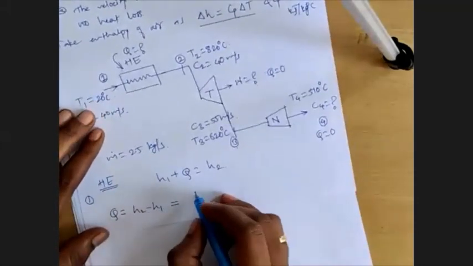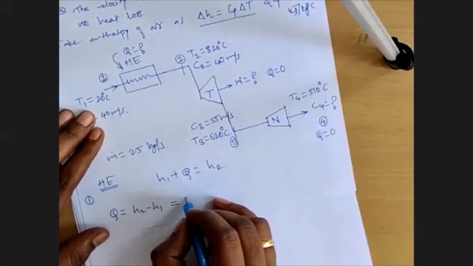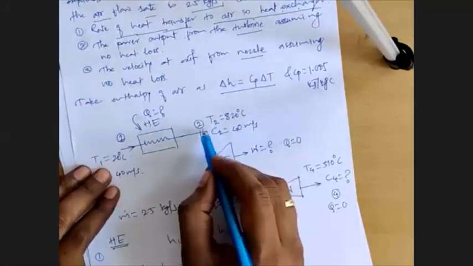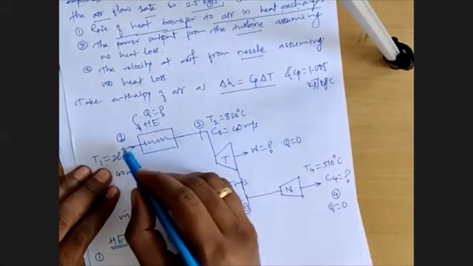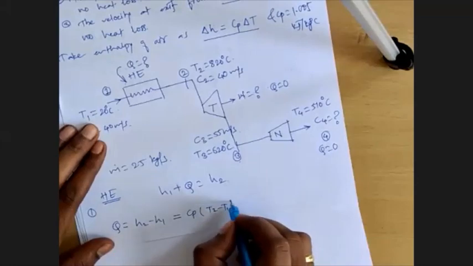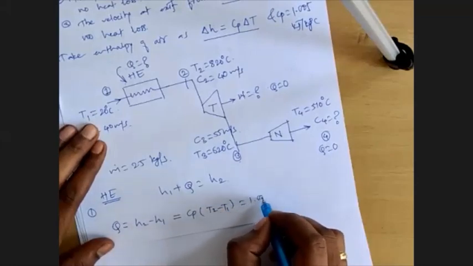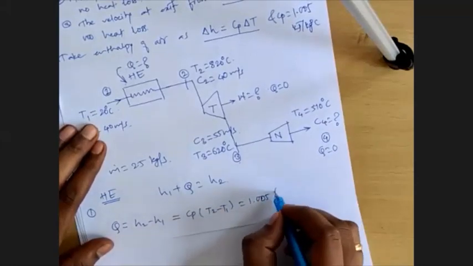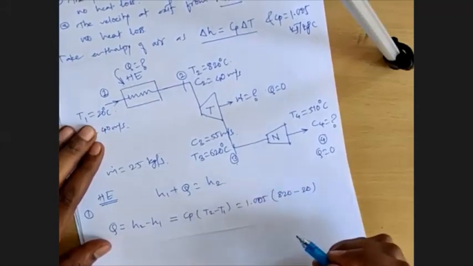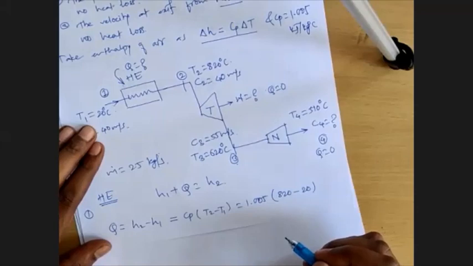So H2 minus H1 is equal to Cp into, for the heat exchanger, after process is T2 and before process is T1. So T2 minus T1 is equal to 1.005 into 820 minus 20. Right?